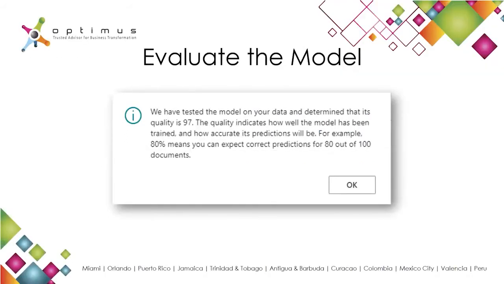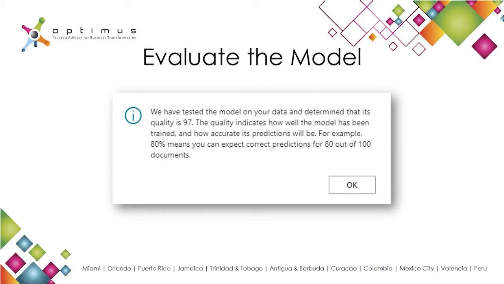So after one of the evaluations we did in one of the demo companies, as an example, here we're going to receive a message after the training is completed. In this example, we have 97% determined as a quality that indicates how well the model has been trained and how accurate it will be. For instance, 80% means you can expect correct predictions for 80 out of 100 documents.